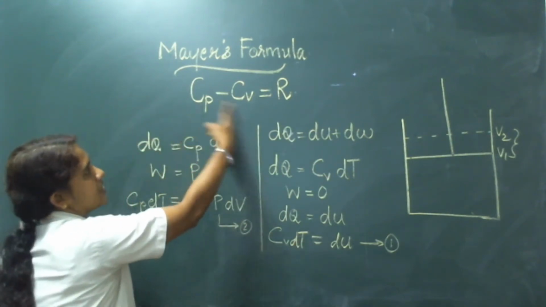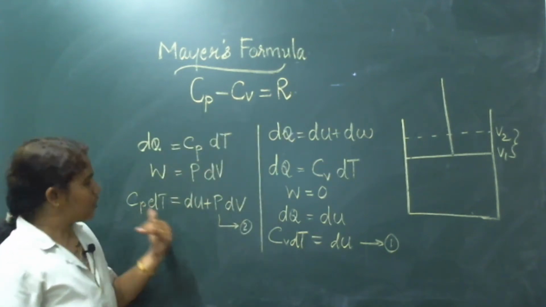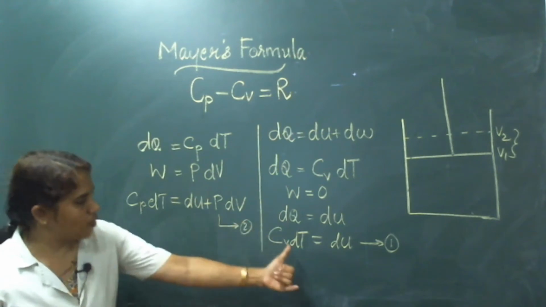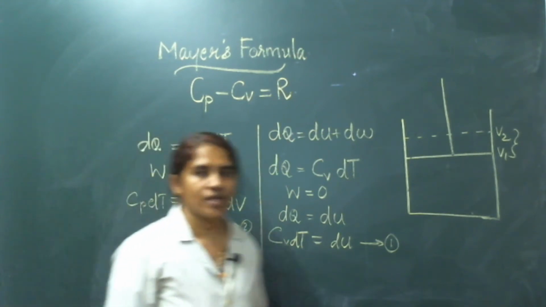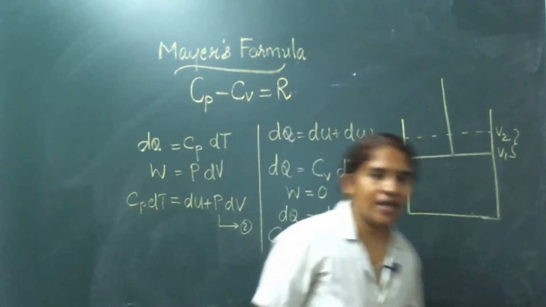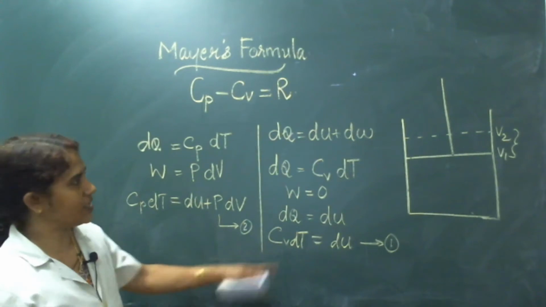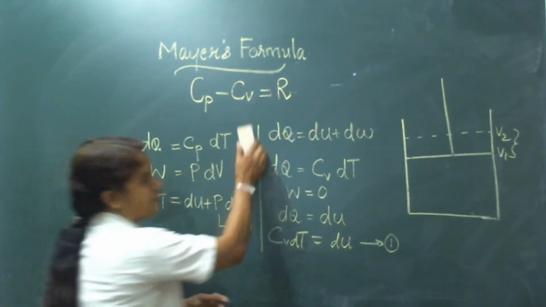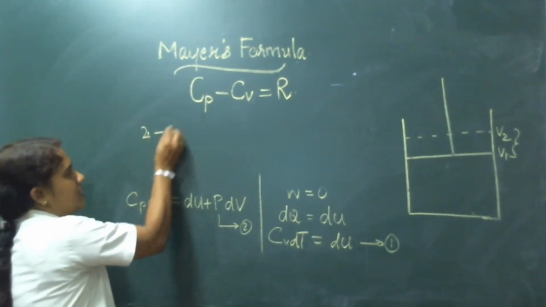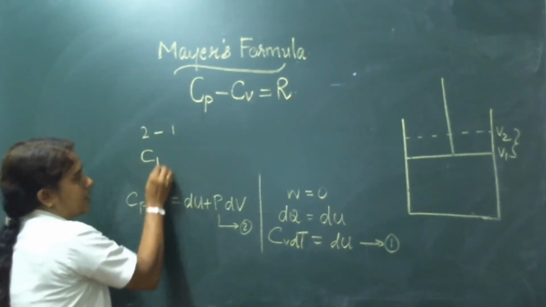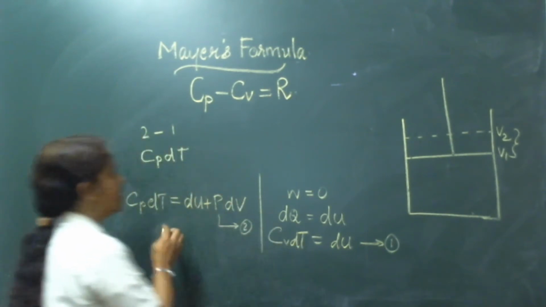We need the relationship between Cp and Cv, like Cp minus Cv. So, subtract equation number 1 from equation number 2. Cp dt is here, Cv dt is in the first equation. Taking the difference, second equation minus first equation is Cp dt minus Cv dt.